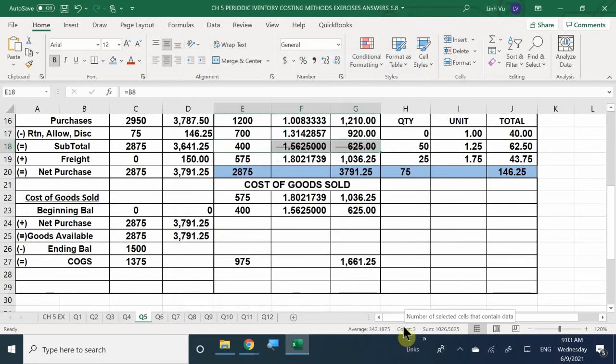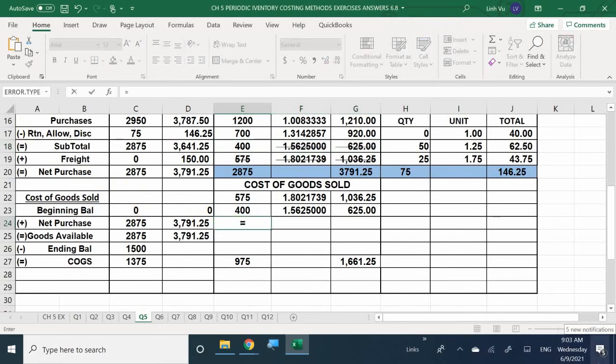How many more do we need to sell to get to $13.75? Okay. How many more do we need to sell? 400.